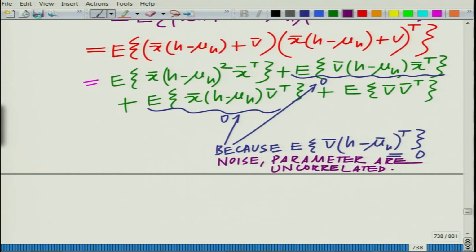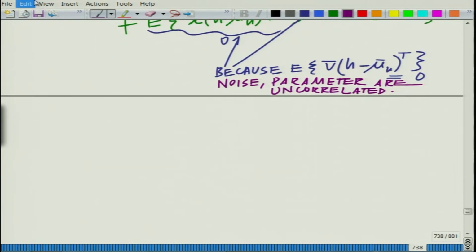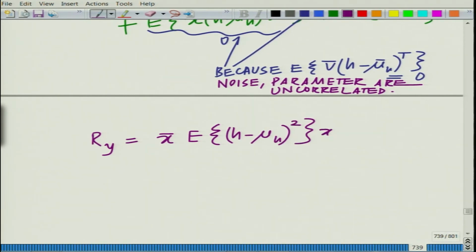Fine. So, these two terms are 0 and therefore, we are left with only the outer terms, which is R_y equals x bar expected value of (h minus mu_h) square x bar transpose plus expected value of v bar v bar transpose.